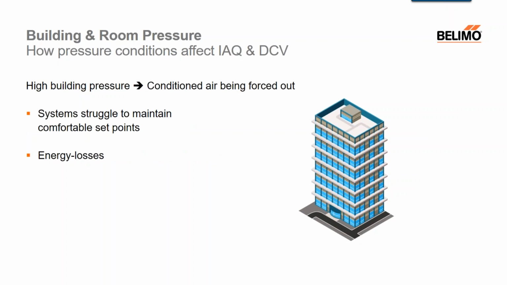On the other side, with high building pressure, the conditioned indoor air is now forced out of the building, and the control system struggles to maintain comfortable set points within the rooms and buildings, resulting in energy losses and inefficiency.